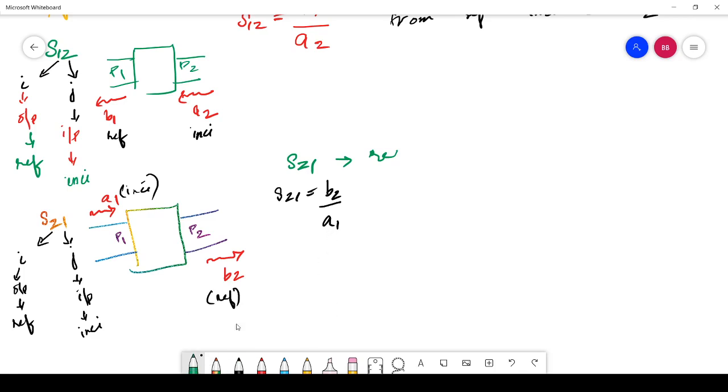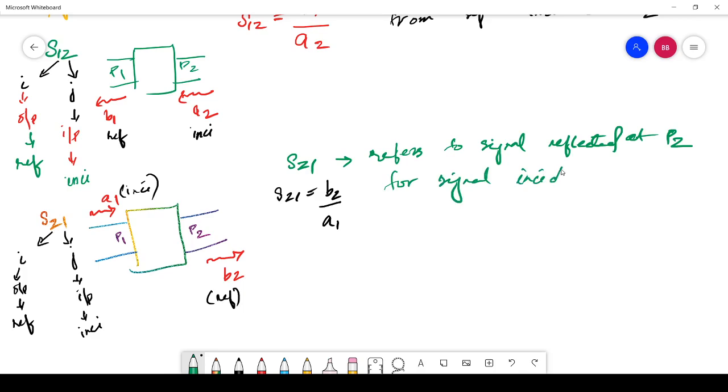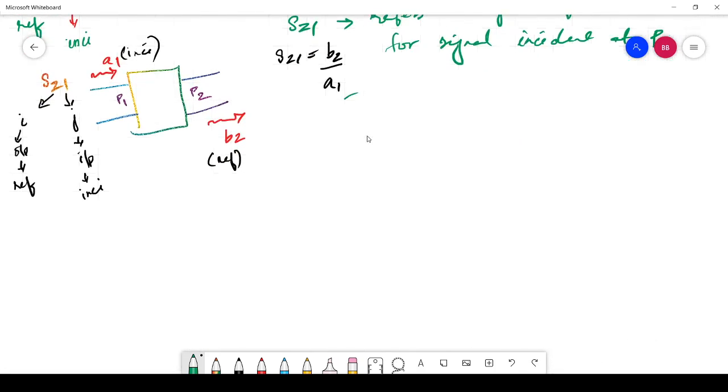So it refers to the signal reflected at port 2 for the signal incident at port 1, right?